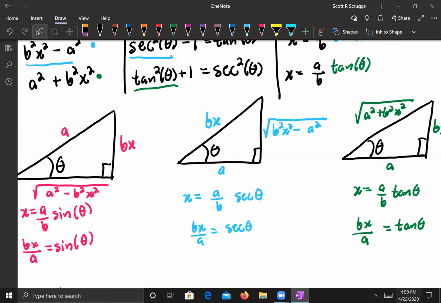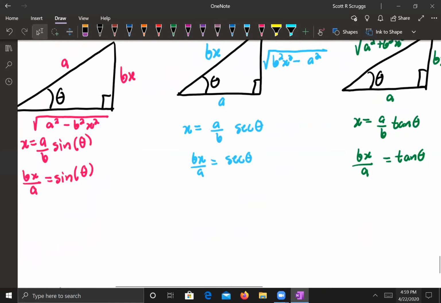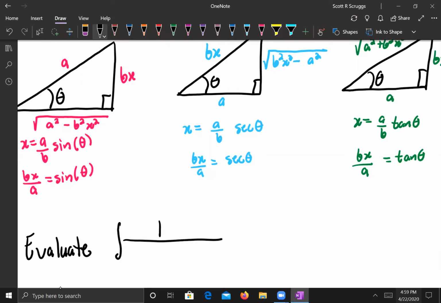Here's going to be our trig sub example problem. I want y'all to try to evaluate the following integral: 1 over x squared, square root of x squared plus 16, times dx.